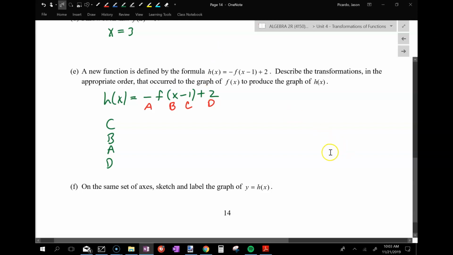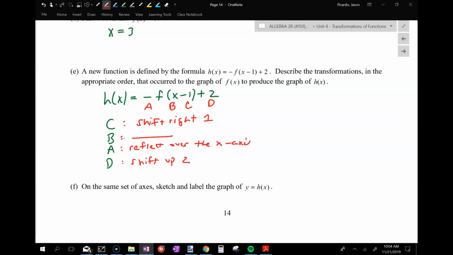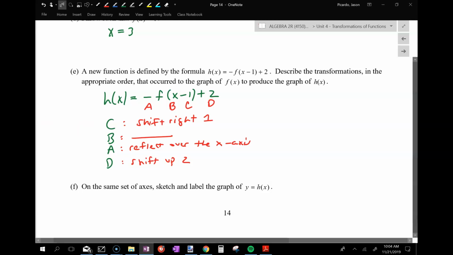Using that vocabulary. Let's see how you did.